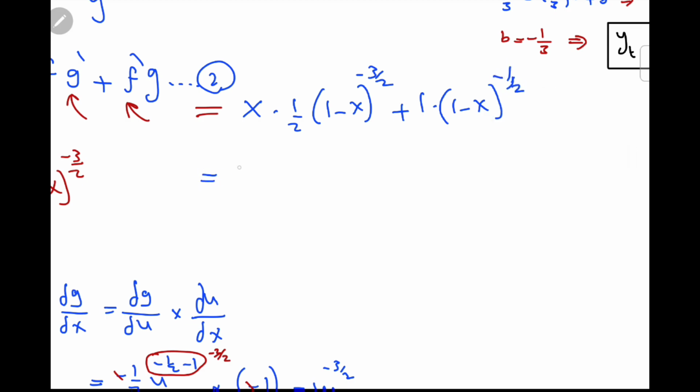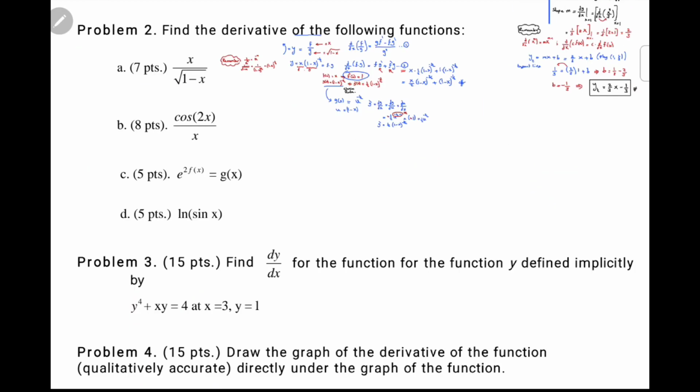So rearranging the terms, that would be x/2 (1 − x) to the power of −3/2 plus (1 − x) to the power of −1/2. And that's it. Now question B. So this is equal to y, which is given by f divided by g.